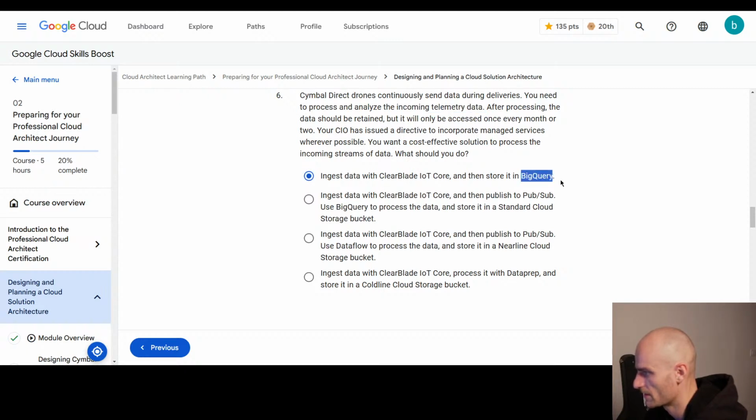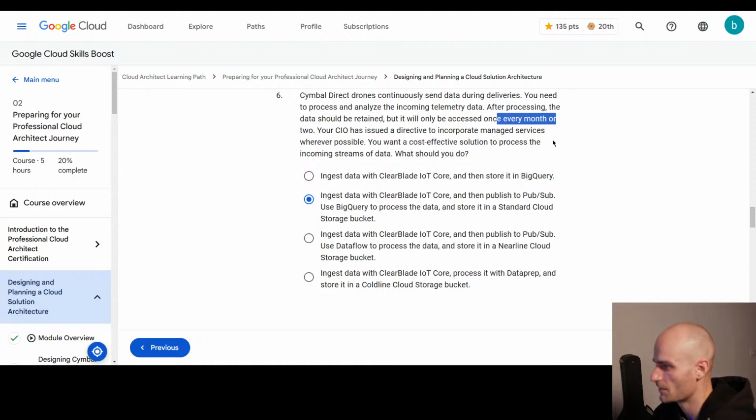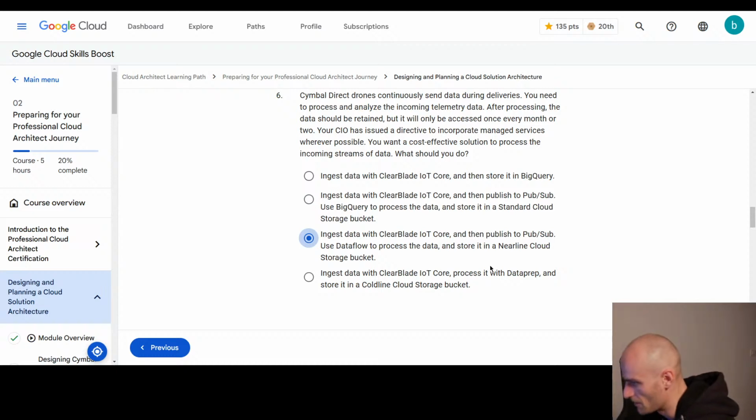We do not store stuff in BigQuery in general. Then use BigQuery to process data and store it in a standard Cloud Storage bucket. No, they cost a lot for this once every month or two. Therefore, managed services.